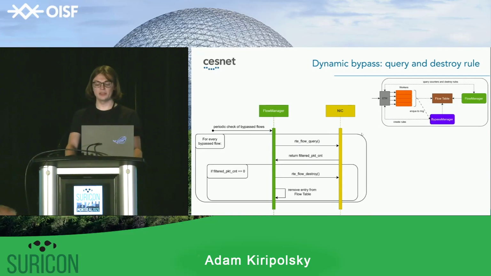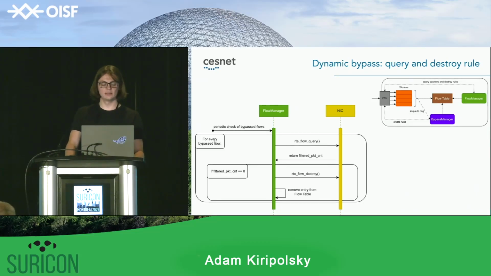As for querying and destroying the rules, there is a periodic check of the counters of the bypassed flows in the flow manager, and it looks as described here. For every bypassed flow, we query the hardware counters in the NIC, and the NIC returns the bytes and the packets that were hit by the rule.